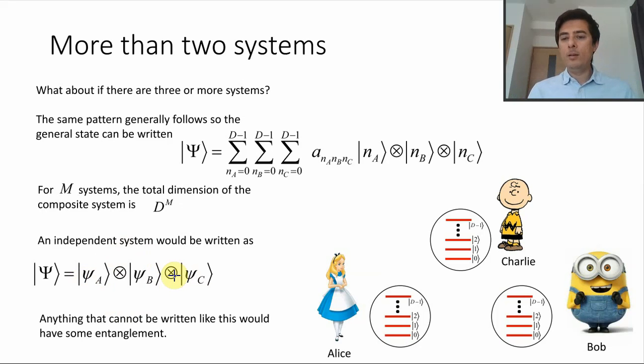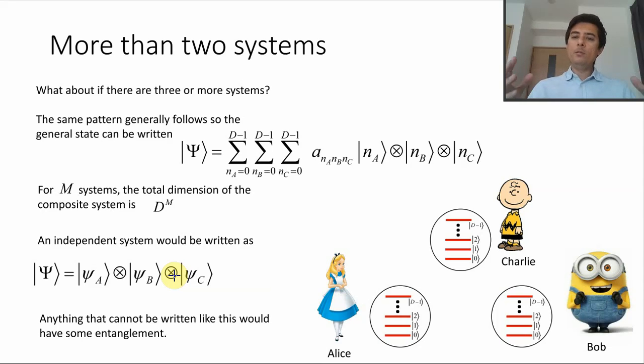In fact, this is one of the areas that is still being investigated today. For two systems, it's fairly well known how you find entangled states, and how you even quantify how much entanglement you have.